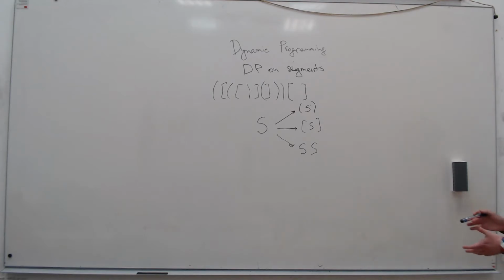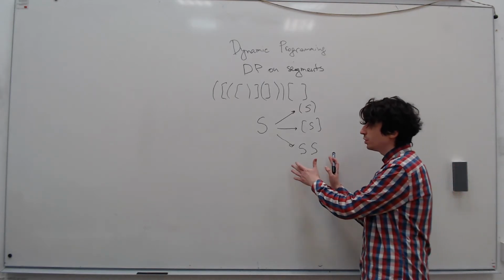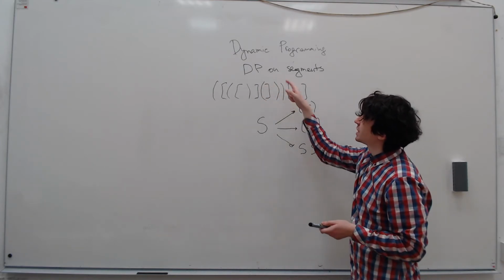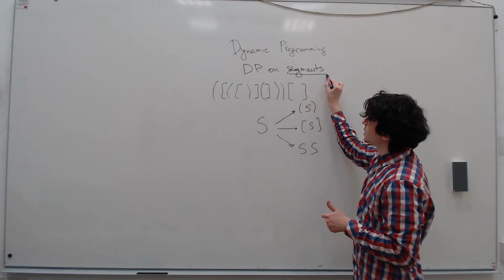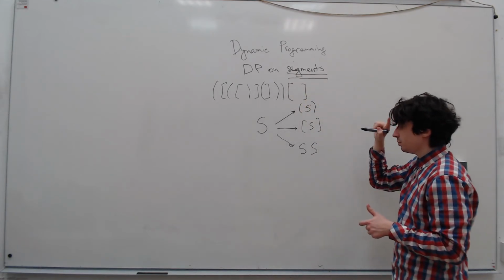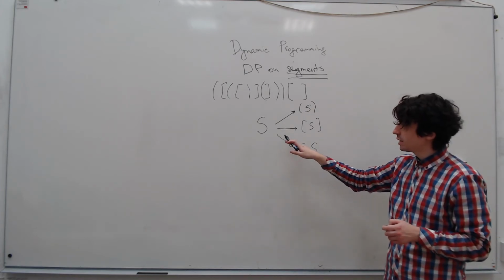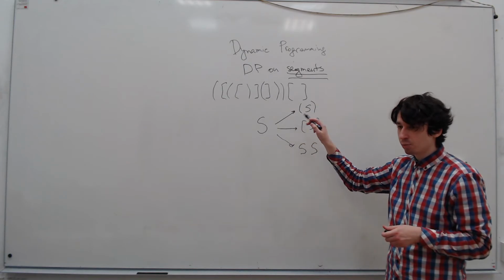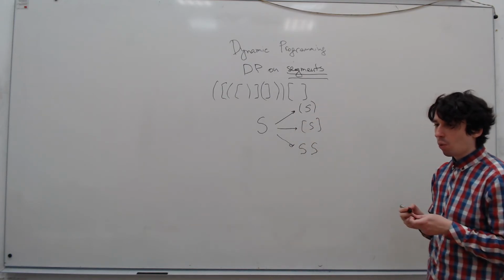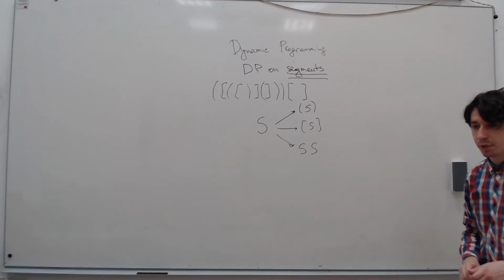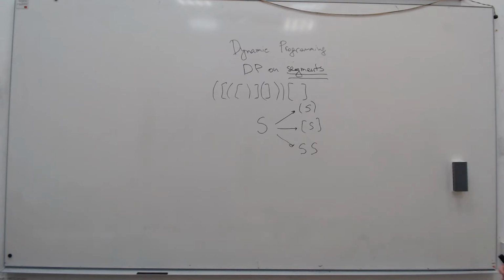So this together could help you to understand what is the state. You can see that here it is DP on the segments. And we know that each correct bracket sequence can be taken from the smaller ones. So what do you think will be the state in the solution?